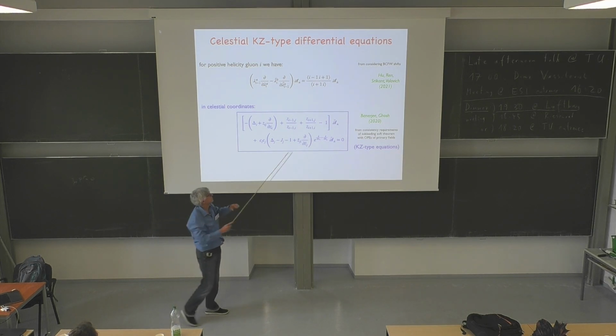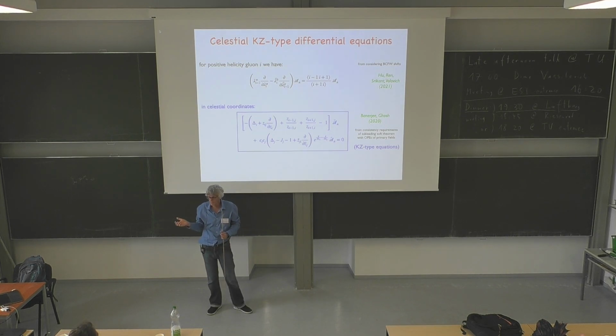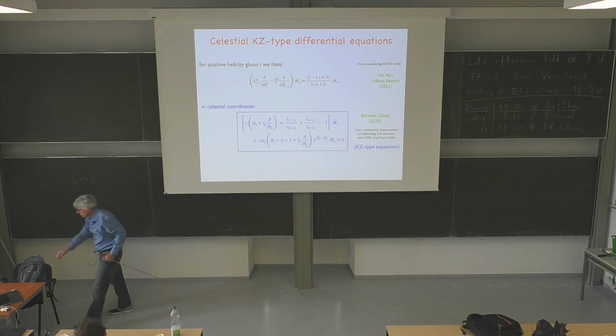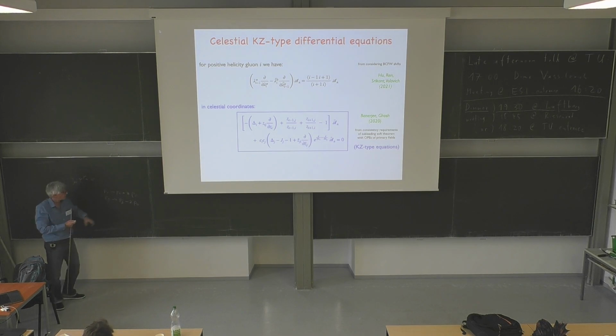There's this shift symmetry where you shift the momenta of your external particles. For example, one momentum you shift by p_i plus z p_0, and for another particle you shift p_j minus z p_0, so you fulfill momentum conservation.